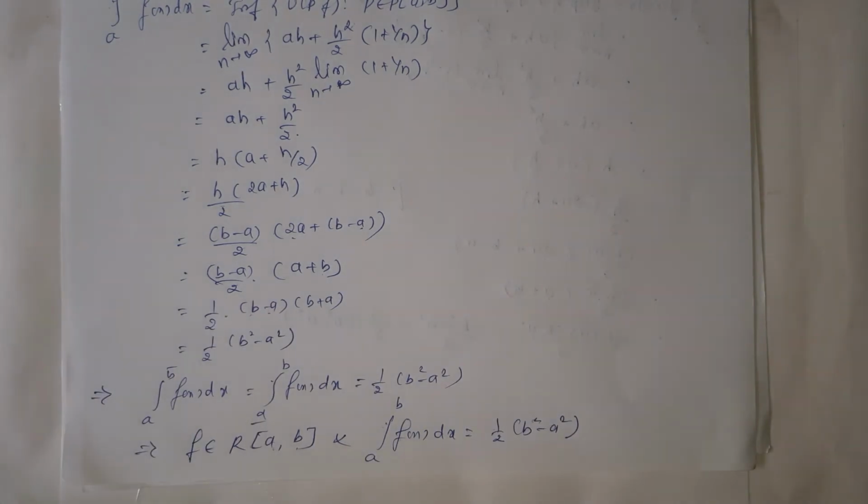So therefore the given function f of x equals x is R integrable over the interval [a, b], and its common value of the Riemann integral is 1 by 2 times (b square minus a square).